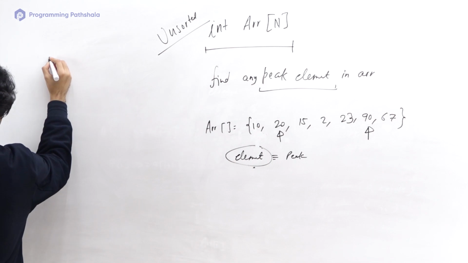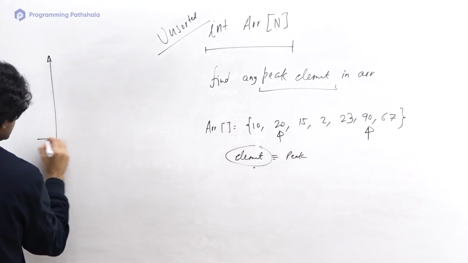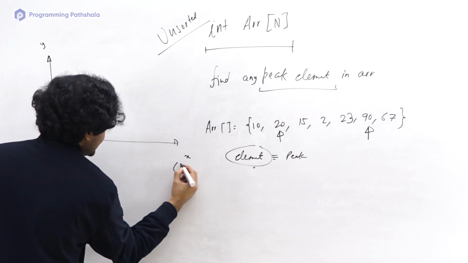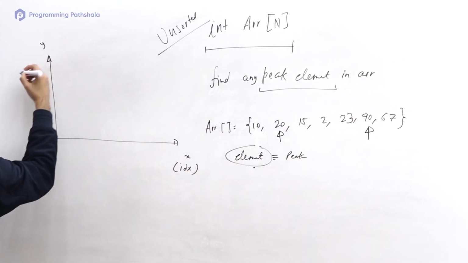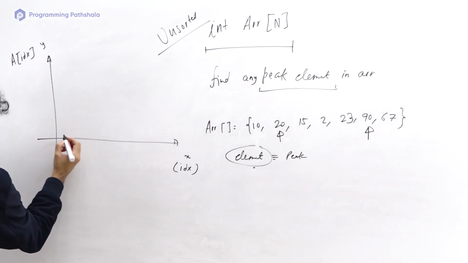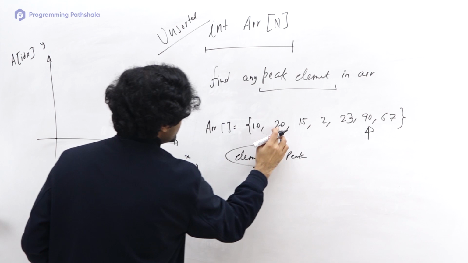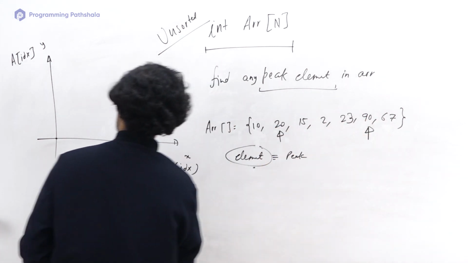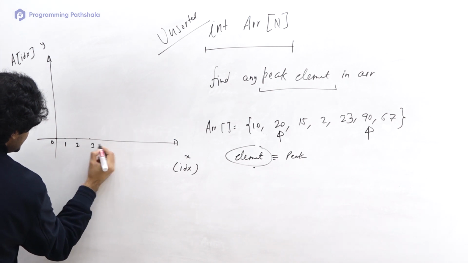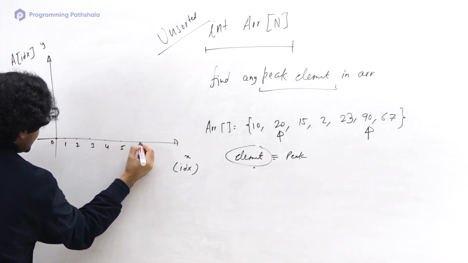So let's say I'm going to create a graph containing x and y axis. Let's say x axis will contain index and y axis will contain a of index. So the indices, as you know, are going to be 0, 1, 2, 3, 4, 5 and 6.